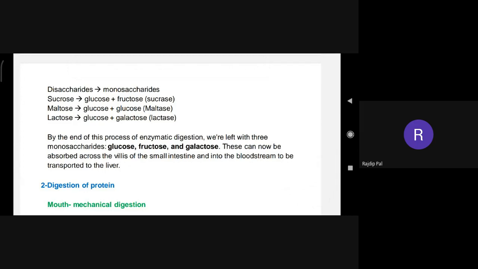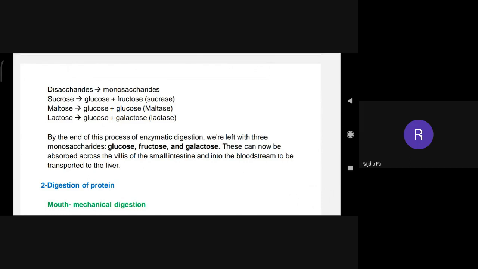Lactose is broken down into glucose plus galactose. So these are the monosaccharides. This plus sign is combining two monosaccharides, and sucrose, maltose, and lactose are disaccharides.